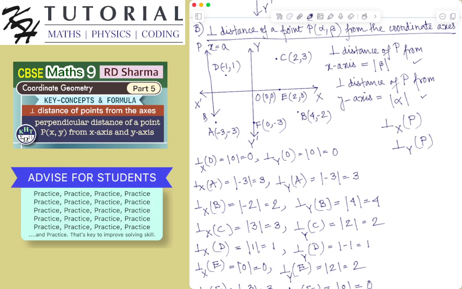So let's say we have a line parallel to the y-axis which is PQ, and the equation of the line is x equals a, which means that this line is at a distance of modulus a from the y-axis, on its left hand side.